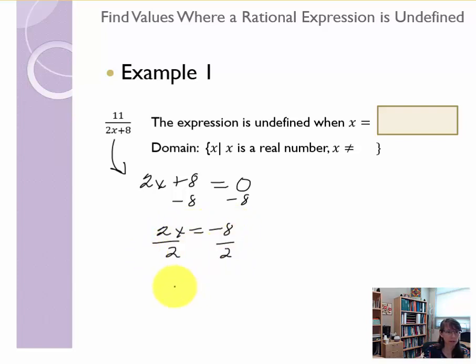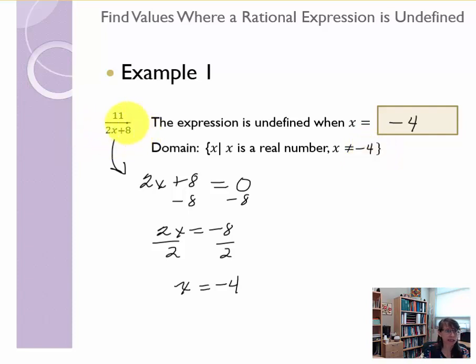Division by 2 means x equals -4. So the expression is undefined when x equals -4. The domain now becomes the set of x such that x is a real number, however, x cannot equal -4.